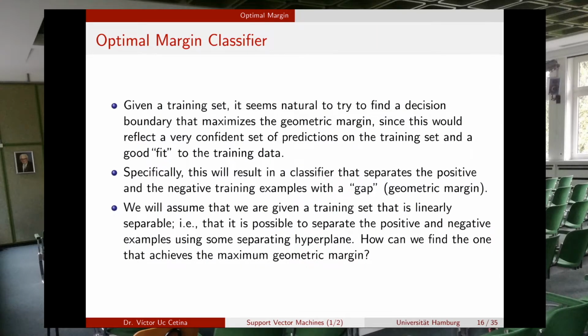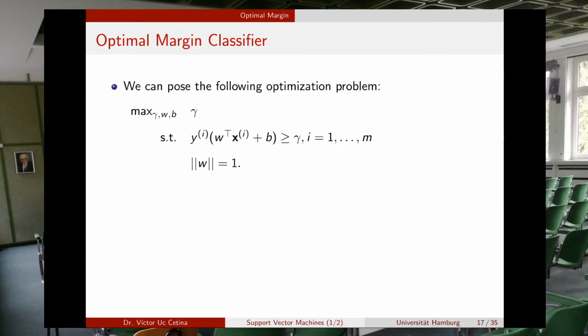Okay, so we are going to talk about this kind of problem where we can separate positives and negatives using some separating hyperplane. How can we find the one that achieves the maximum geometric margin? What I have explained before, the optimal margin. So we need to define an optimization problem.